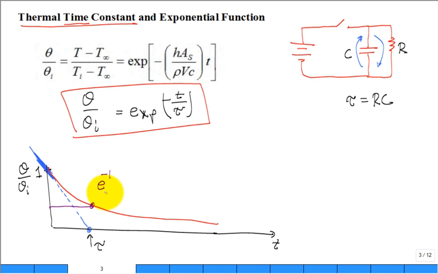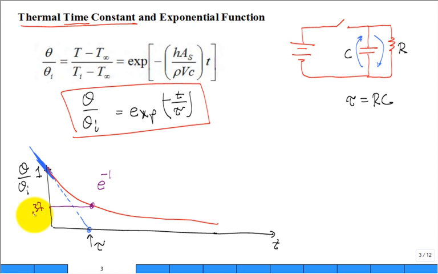Around 0.4, around 0.37. Roughly a third. 2/3 of the action is gone. All right? Or 63% of the action is gone. 37% is still to happen. Okay? So this is about 0.37, roughly a third.